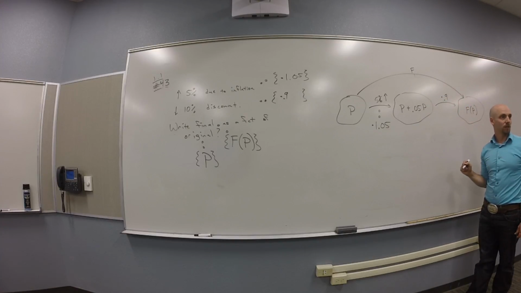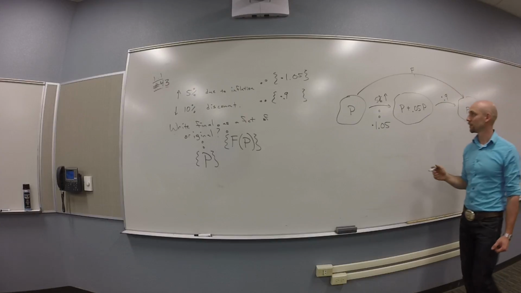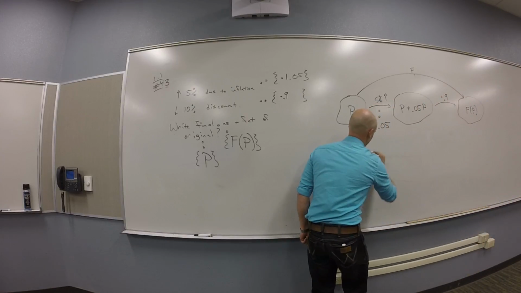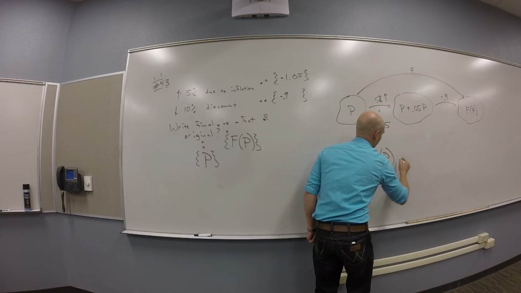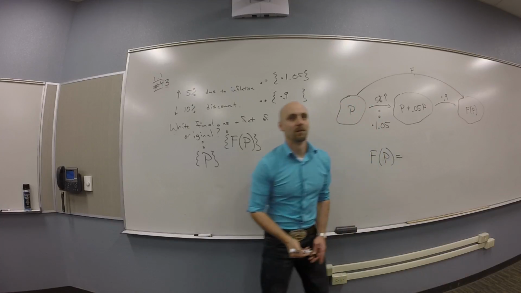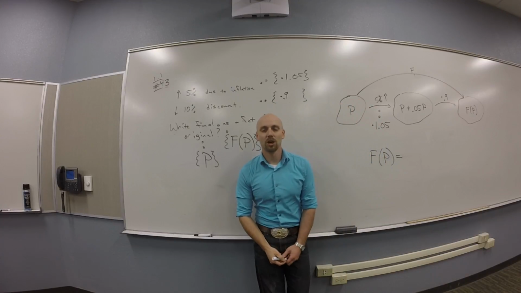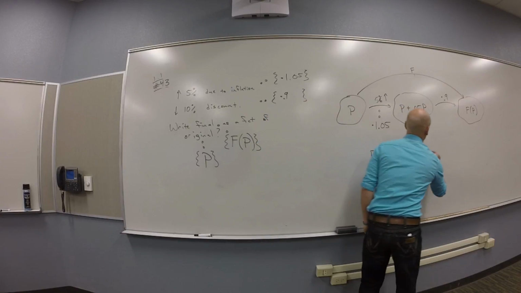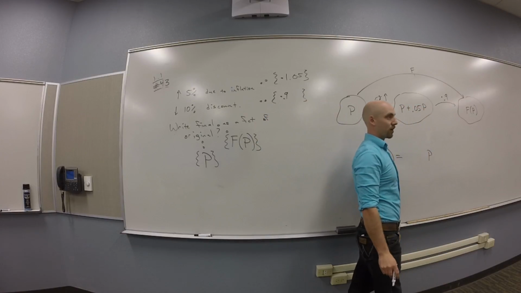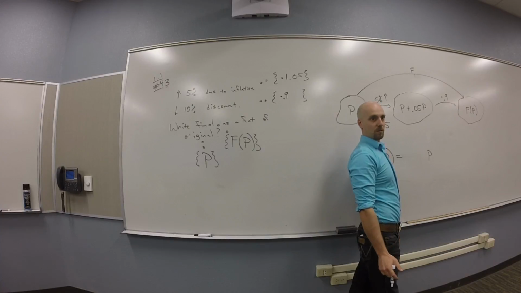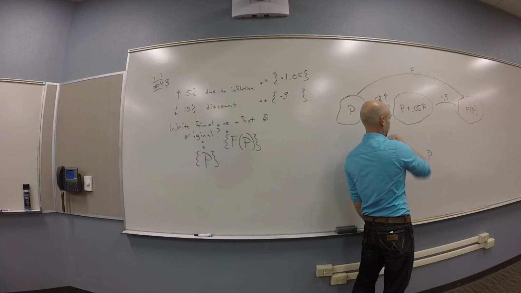Okay, see that? So how do I actually write a formula for that? What are the two steps? I want a formula for f of p. So what do you start with? You start with a p, right? And then what's the first thing you do to it? Multiply by 1.05.